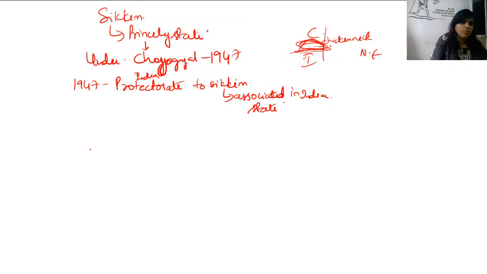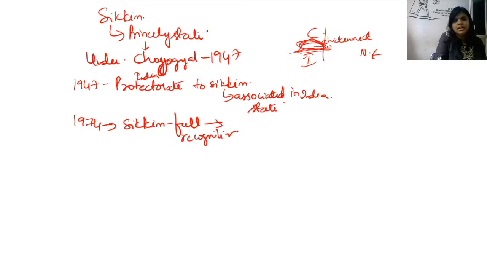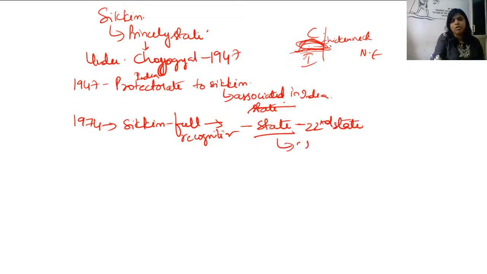Now, in 1974, Sikkim was given full recognition, meaning no longer an associate state. It became a full partner of India, with the promotion to 22nd state. For this, they amended the constitution.